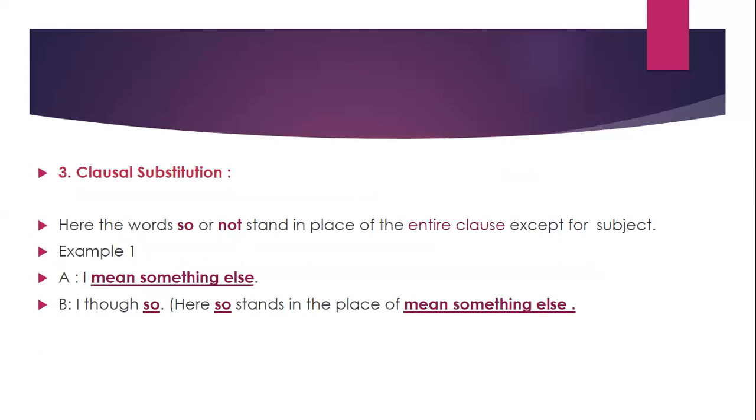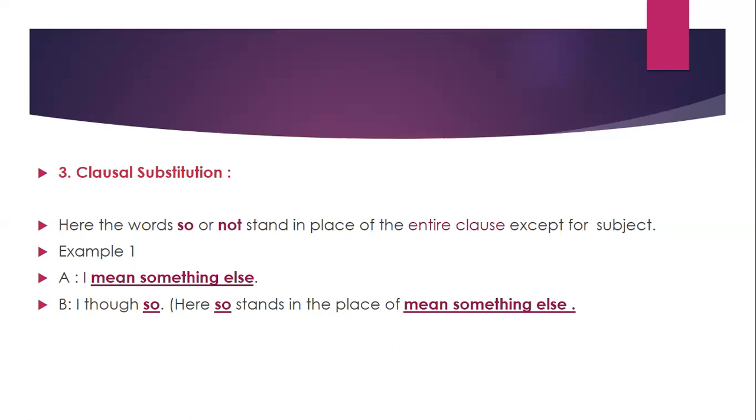And the last type of substitution is clausal. Here the words so or not stand in place of an entire clause except for the subject. Example 1. A: I mean something else. B: I thought so.